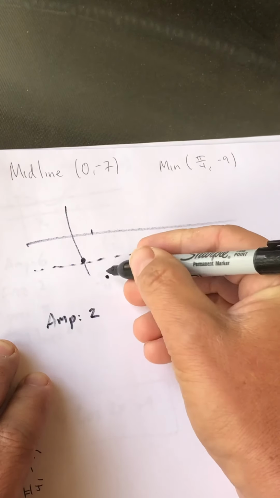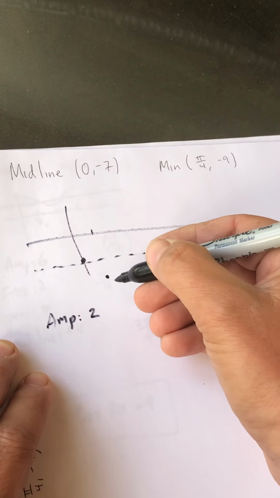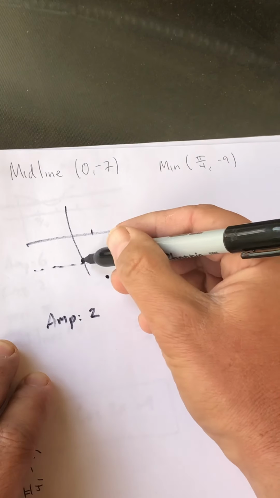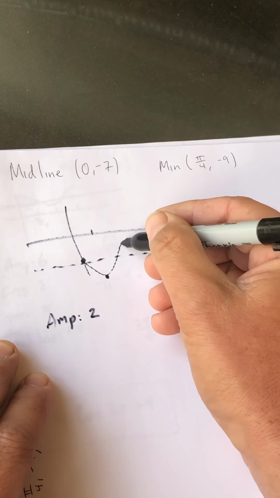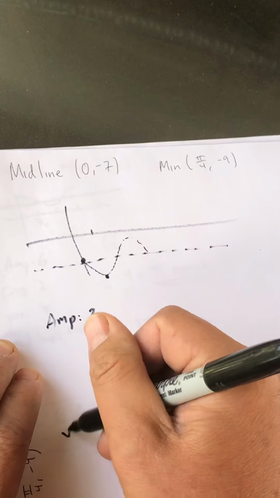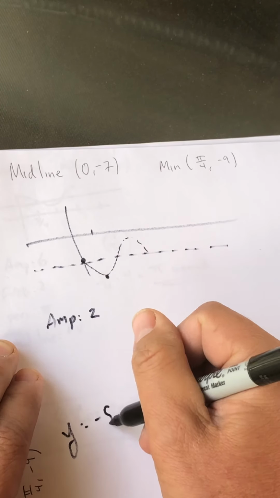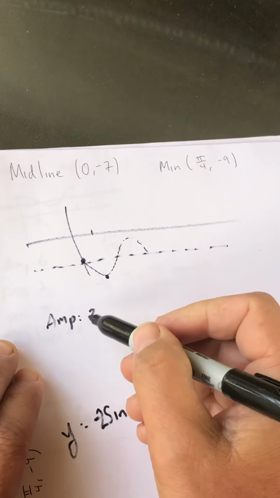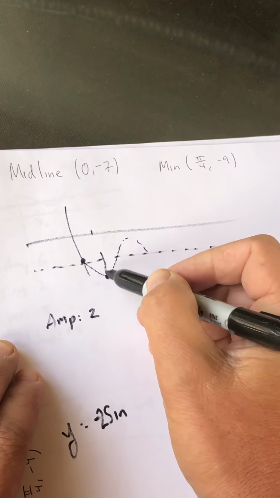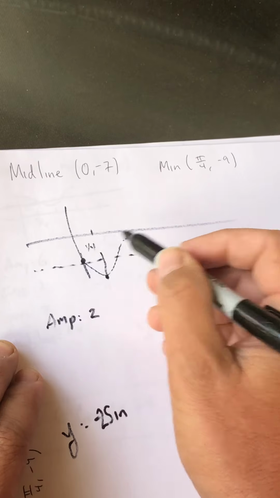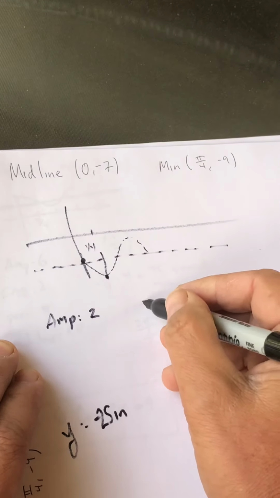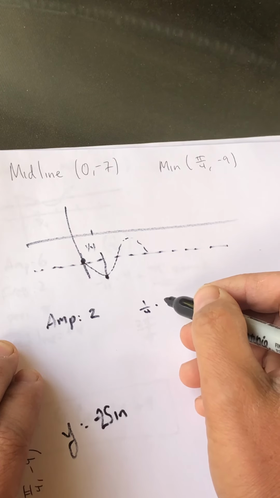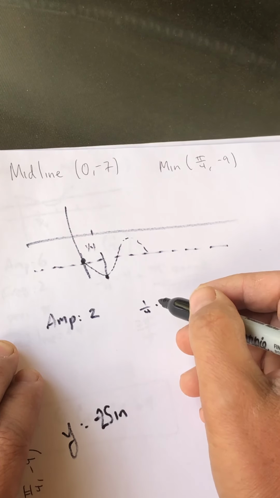But negative means I know the graph is going down first, so I know it's going to be a negative sine. -2 sine. All right, so from here to here is 1/4 of a cycle. That was 1. So I'm going to go 1/4 times... hold on, I just lost track of what I was thinking.